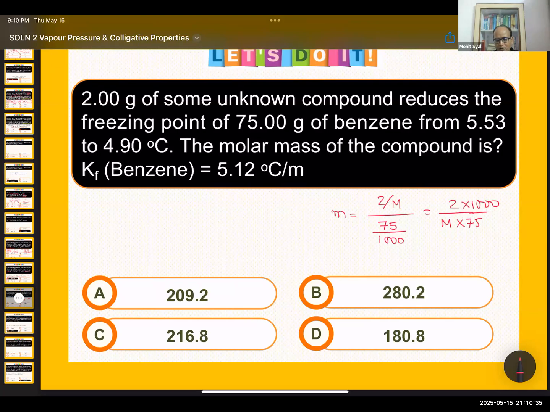And now I'm going to put the value. It reduces the freezing point from this value to this value. You need to find the delta T by taking the difference.